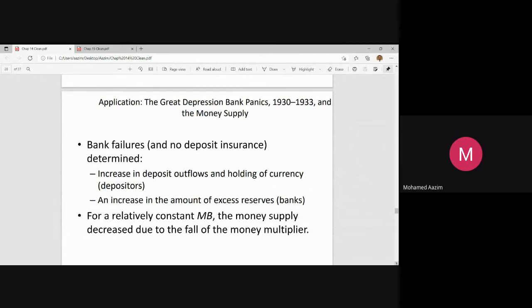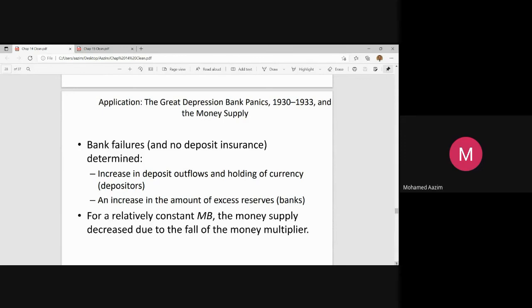Bank failures were influenced by depositors' behavior, where people started taking out their deposits. They didn't trust the banks at that point of time. We discussed financial disintermediation. People were not confident about the banking sector because there was no deposit insurance at that time.